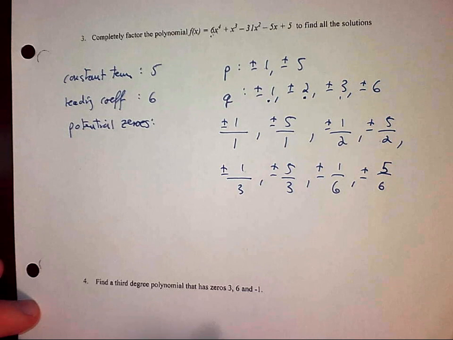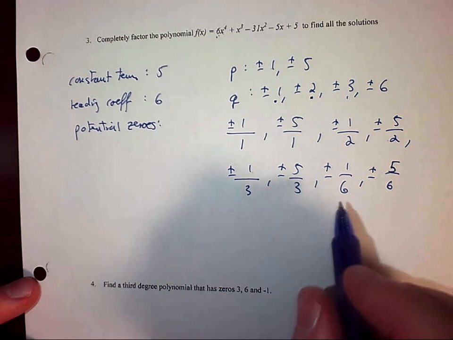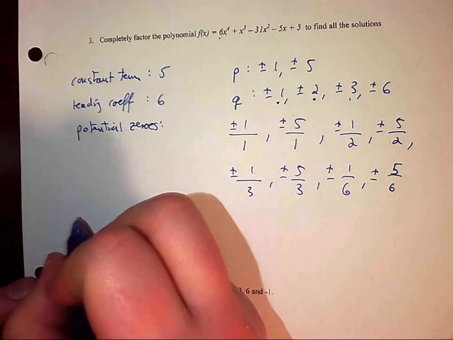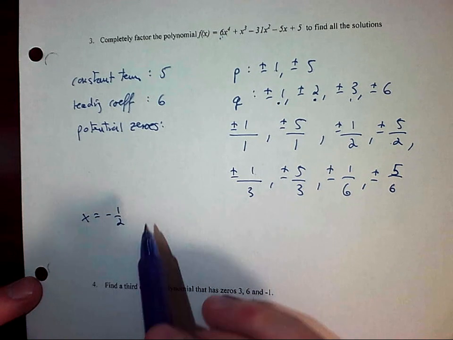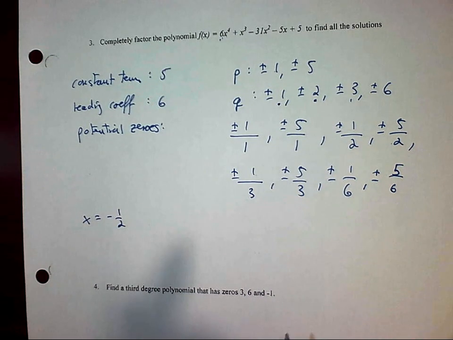So I'm going to spare you guys some of that arithmetic. If we go through here and we use negative 1/2, so if we select that x is equal to negative 1/2 and we plug this in here, then we're going to see that that in fact is equal to 0.